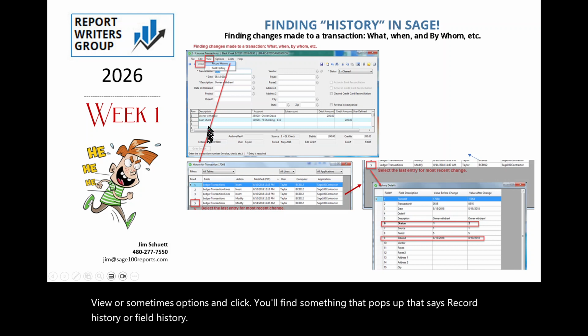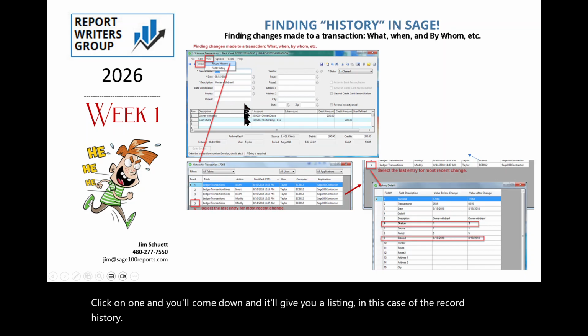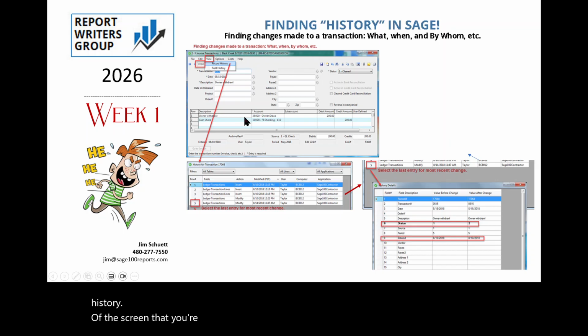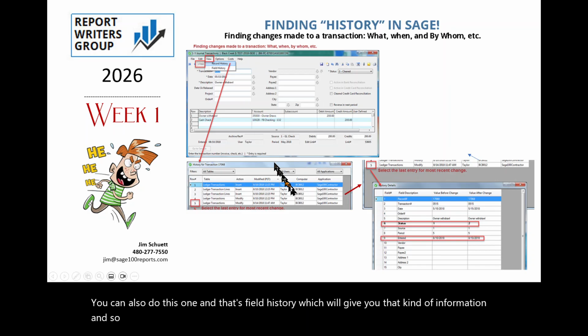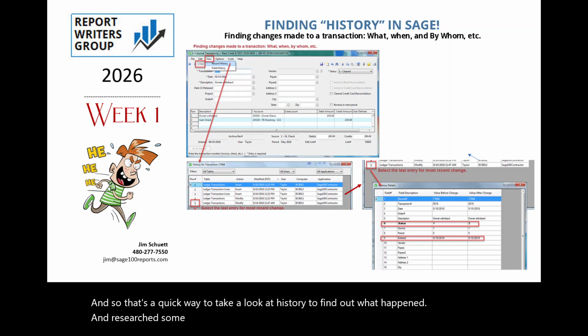Click on one and it'll give you a listing, in this case, of the record history of the screen that you're in. You can also do field history, which will give you that kind of information. And so that's a quick way to take a look at history to find out what happened and research some things. So that's a good thing.